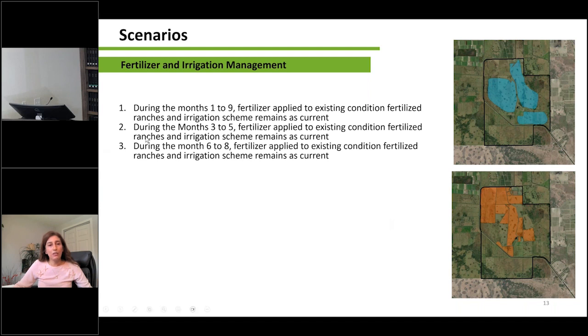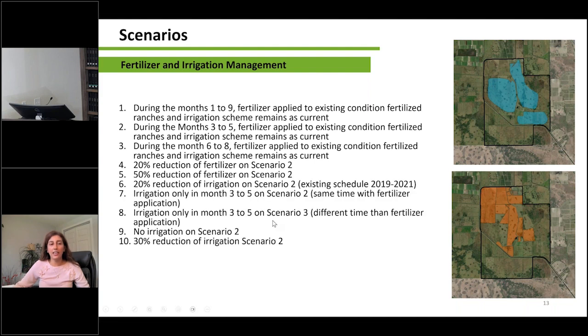For the second one, as you see, it's mostly during the dry months of the year. And number 3, we applied fertilizer during the wet season, and we didn't change anything regarding the irrigation. Those 3 scenarios were about timing of fertilizer, and then we decided to change the rate of fertilizer by reducing 20% and 50% to see the impact.